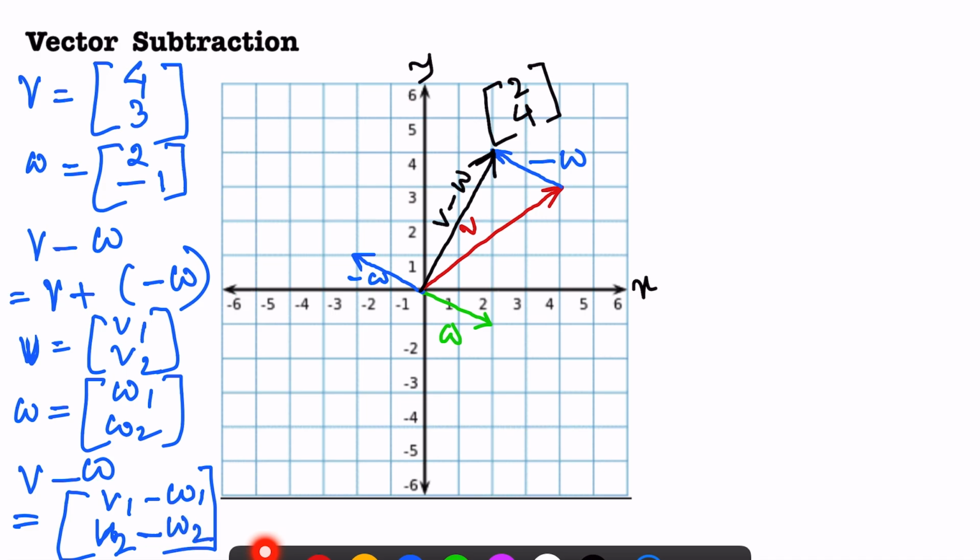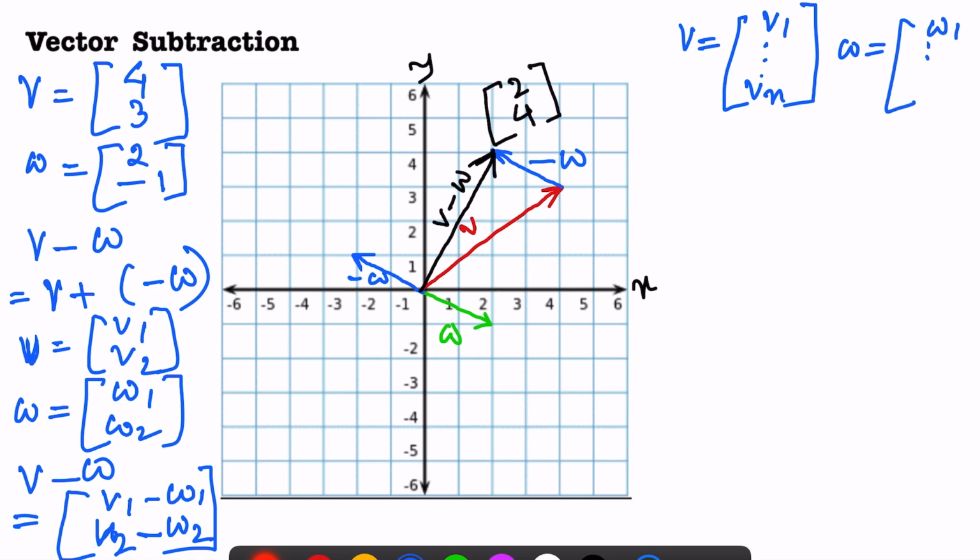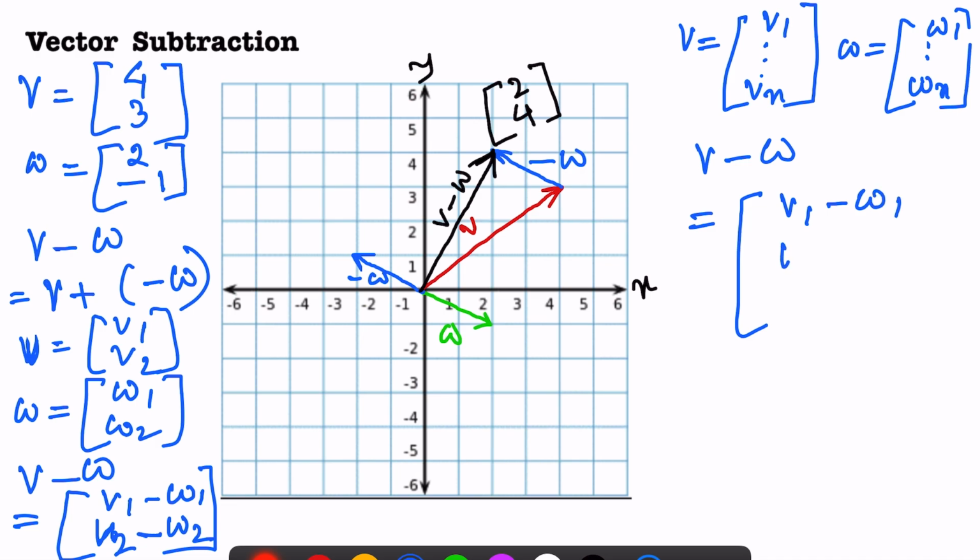If we want to generalize it for n-dimensional vectors, where v is v1, v2, till vn, and w is w1 till wn, then v minus w will be v1 minus w1, v2 minus w2, till vn minus wn.